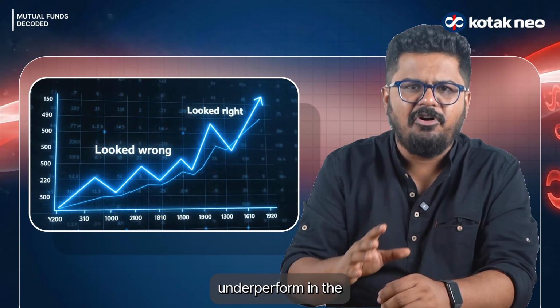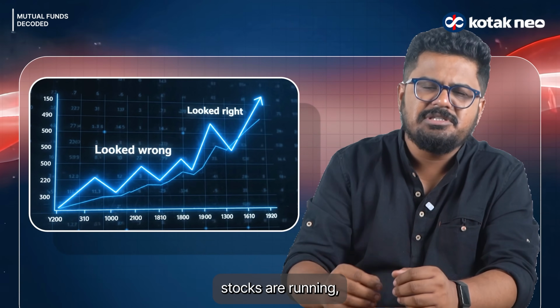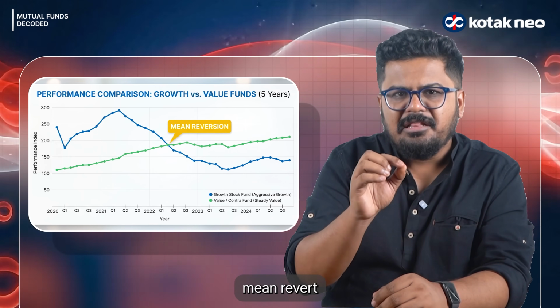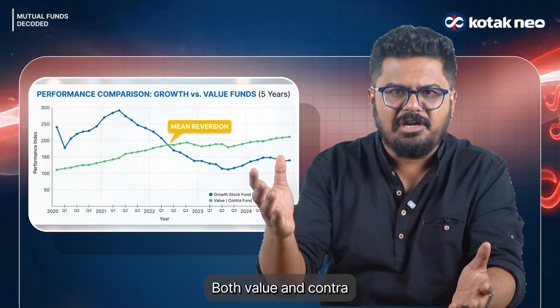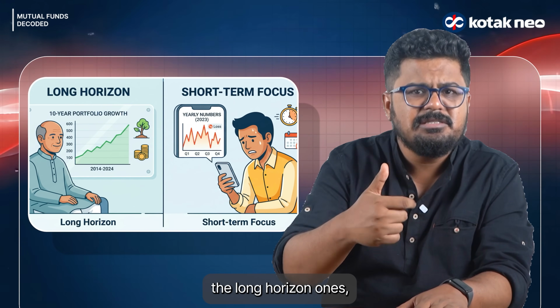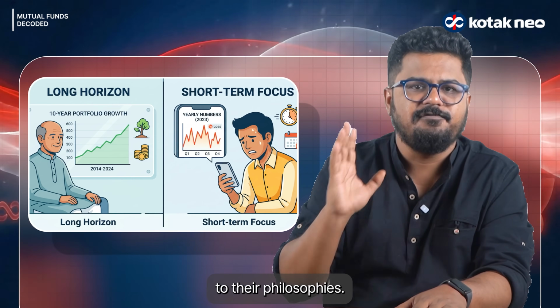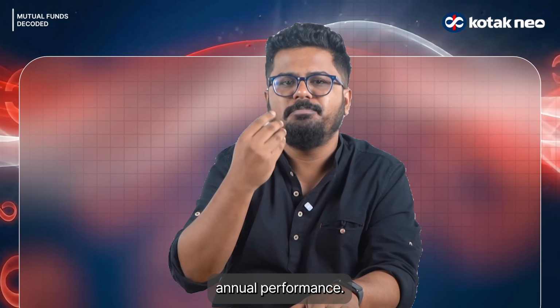They will underperform in the momentum-driven bull markets, where the growth stocks are running. They tend to shine when the markets mean revert after periods of excess. Both value and contra are for the same type of investors, the long horizon ones, emotionally resilient ones, and genuinely committed to their philosophies. It's not for someone who wants a predictable annual performance.